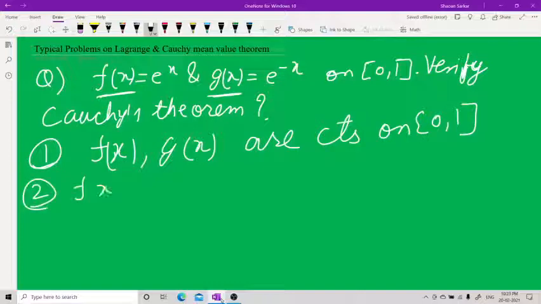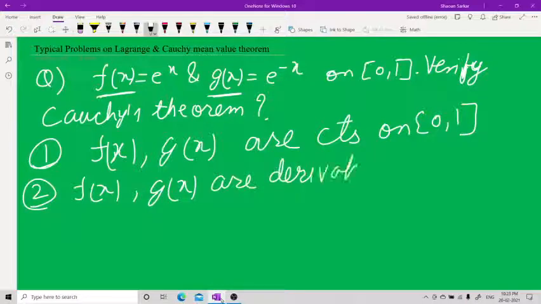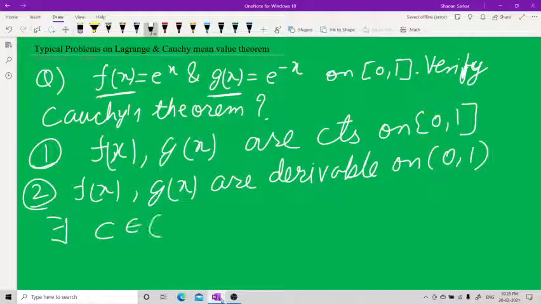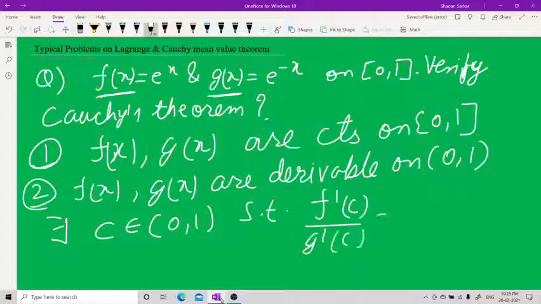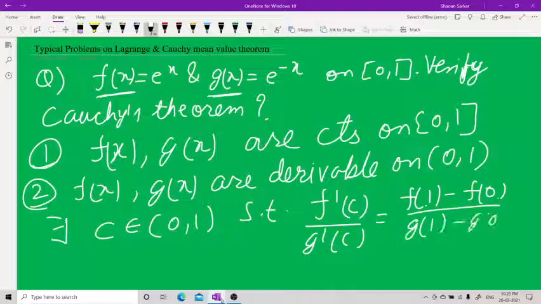Second, f(x) and g(x) are derivable on the open interval (0, 1). There exists a c belonging to (0, 1) such that f'(c) upon g'(c) is equal to f(1) minus f(0) upon g(1) minus g(0).